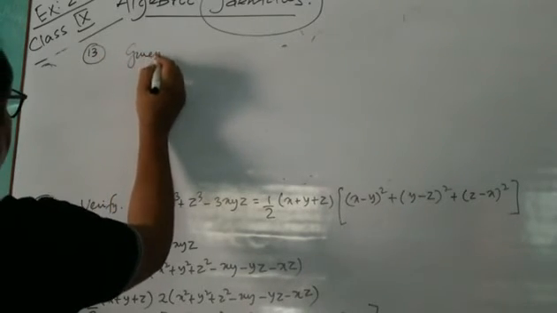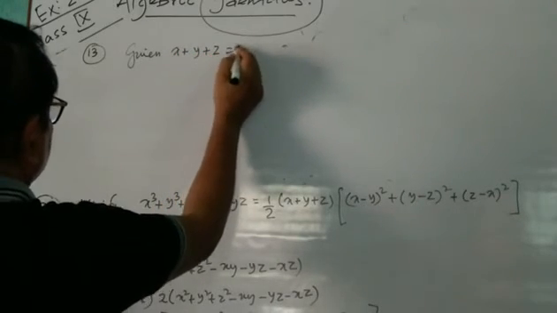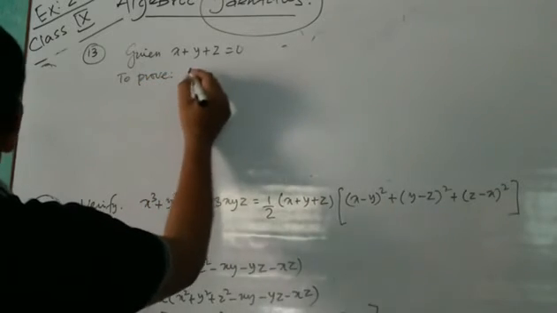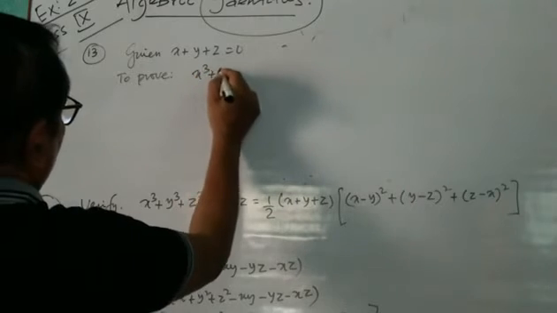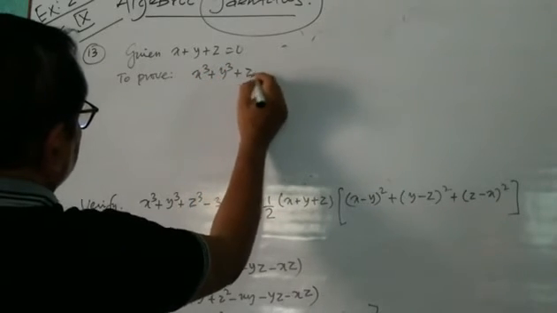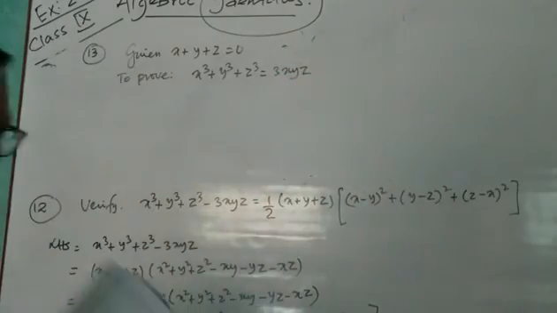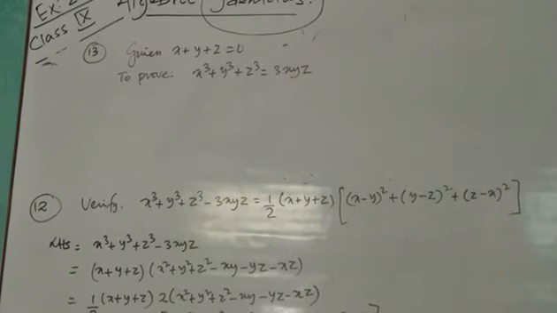Given x plus y plus z equals 0, to prove x cube plus y cube plus z cube equals 3xyz. This is the thing that we have to prove, students.